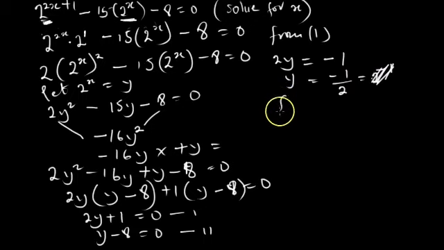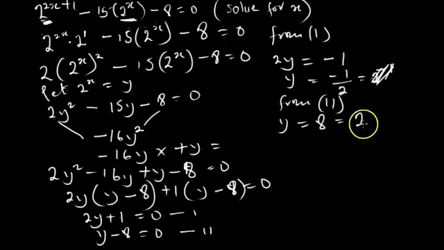From 2, y is equal to 8, which is the same thing as 2 raised to power 3. Now, from the first expression, my y is equal to minus 1 over 2. That's the same thing as minus 2 raised to power minus 1.